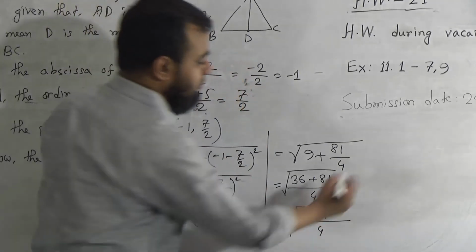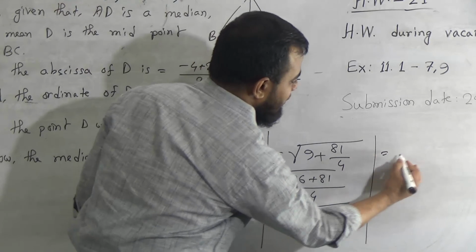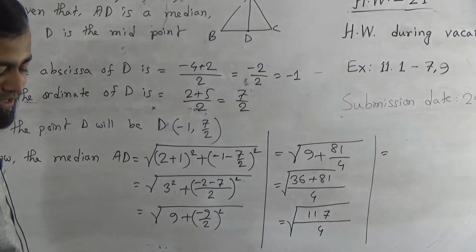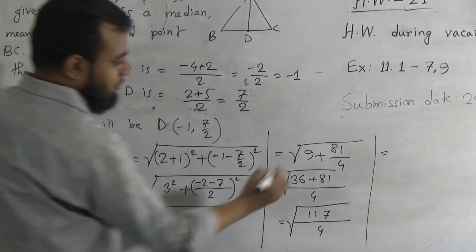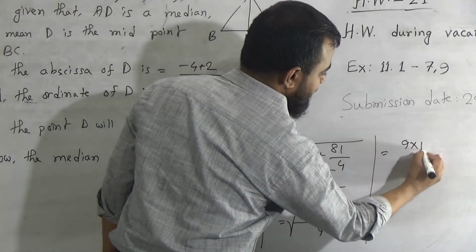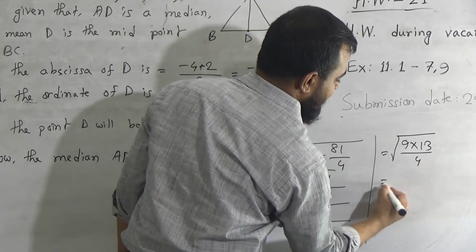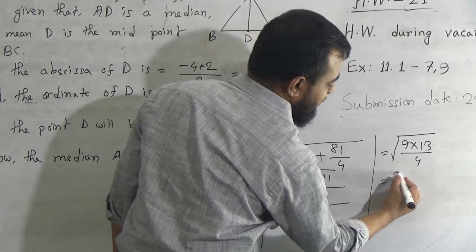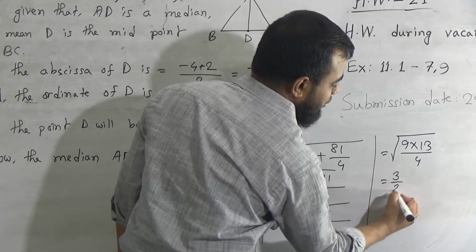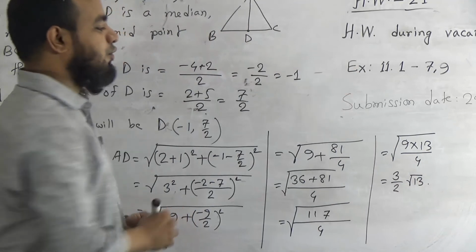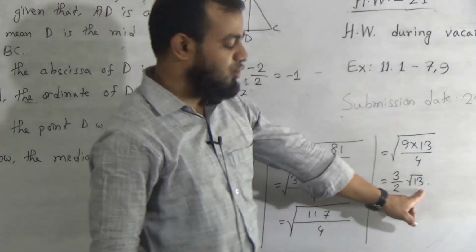We can write 117 as 9 into 13, divided by 4. Now the square root of 9 means 3, the square root of 4 means 2, and the square root of 13 remains as it is. So our median will be 3 by 2 square root of 13.